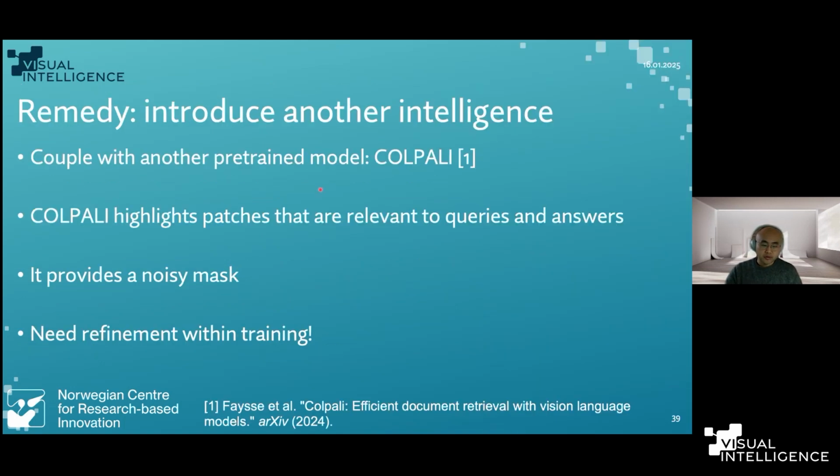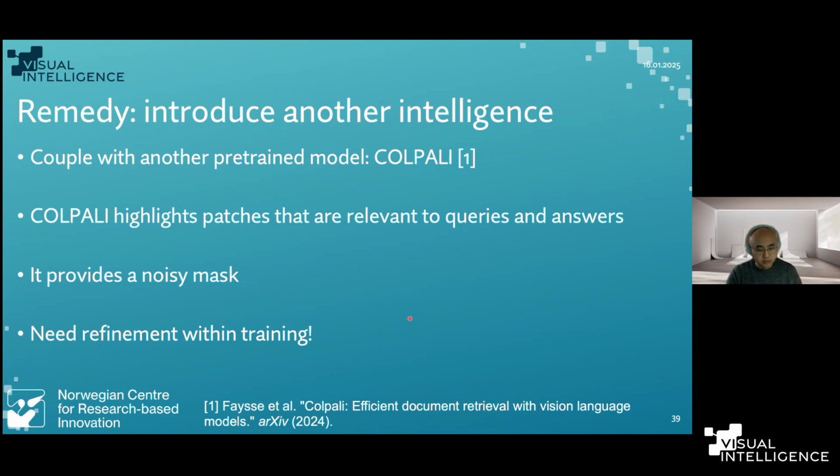So our remedy to this problem is to introduce an additional intelligence model. We couple it with another pre-trained model called ColPali. And this ColPali model just highlights the patches that are relevant to the queries and answers, based on similarity scores. It actually provides a very noisy mask, and this might need to be refined.